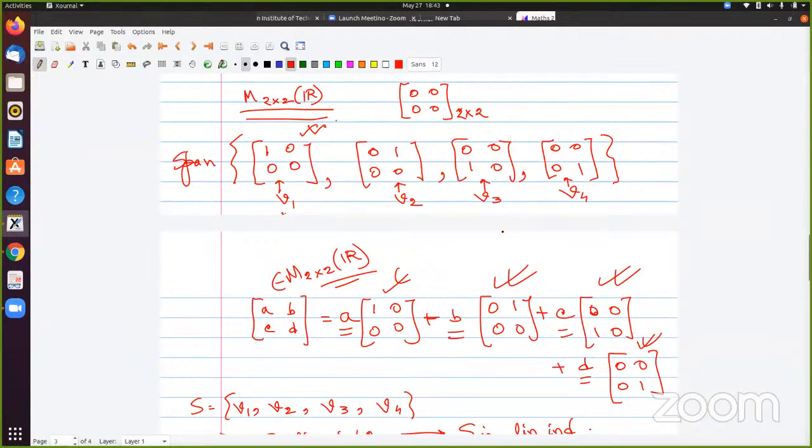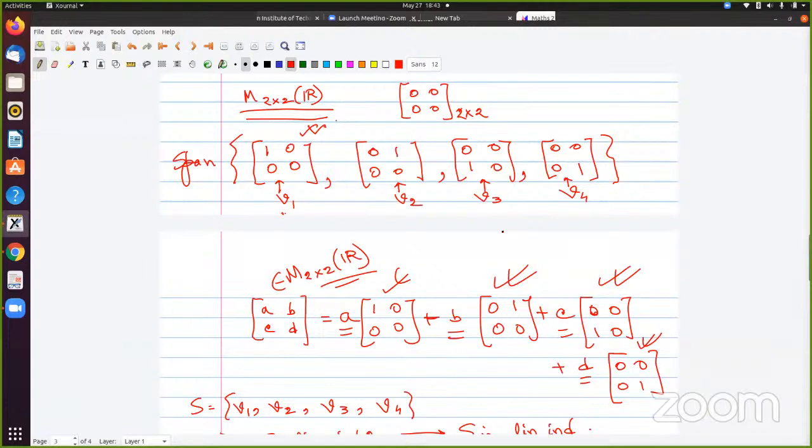For R2, R3, those are basically tuples. Now here instead of tuples, I am getting matrices. So for R2, R3, you are dealing with arrays. Now you are dealing with matrices. Sir, if I want to calculate the span of a matrix, then I have to add all the matrices. This is the rule.